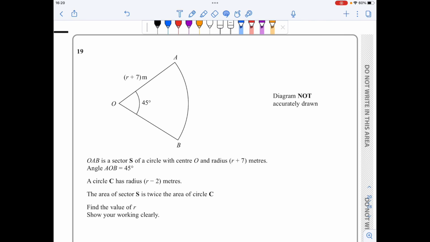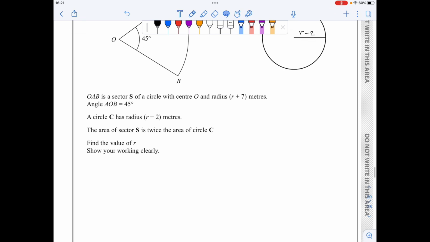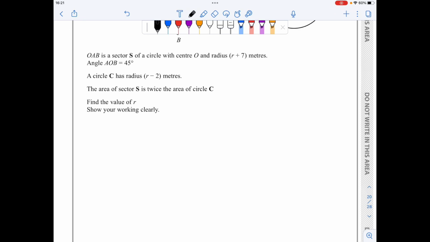For question 19, I have this sector with radius r plus 7 and the angle is 45. Circle C has a radius of r minus 2. Here is the circle. And the area of S equals 2 times the area of C. Let's write this down.